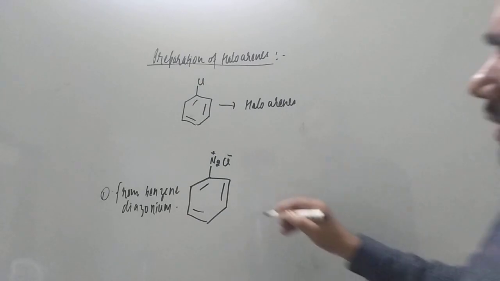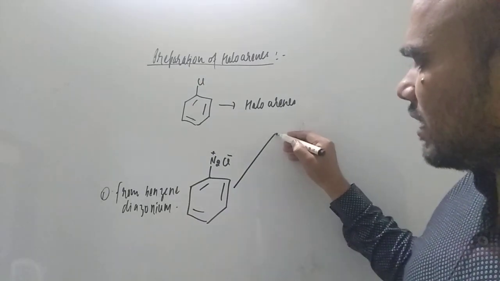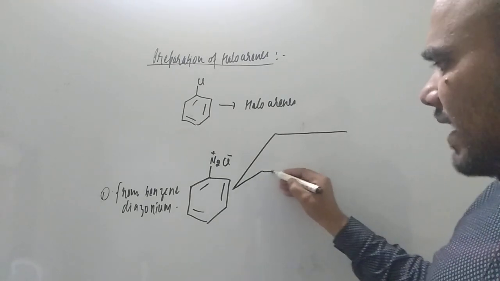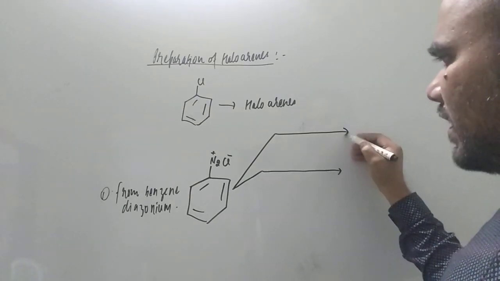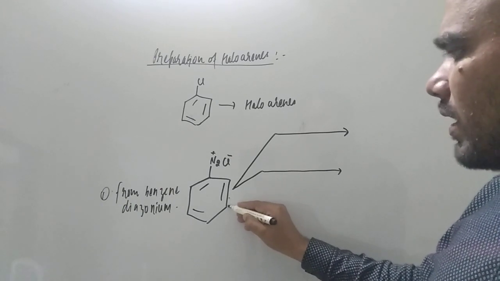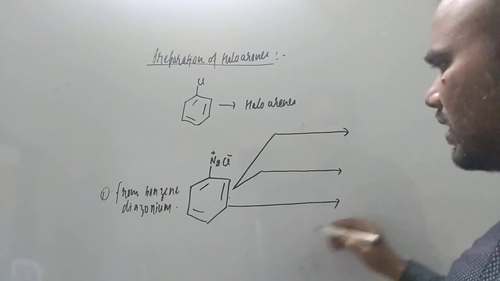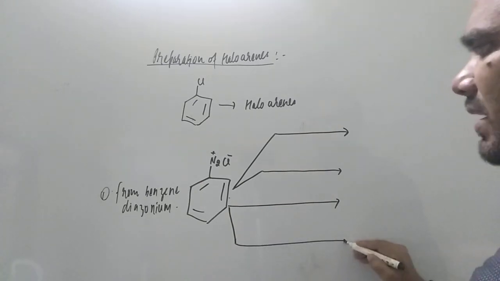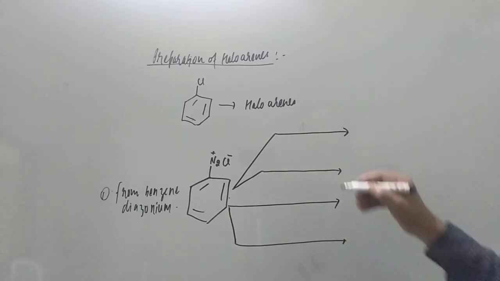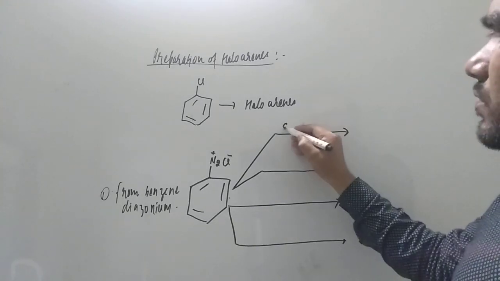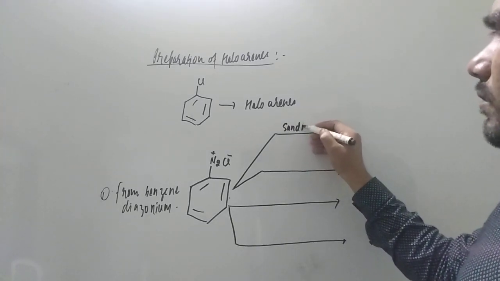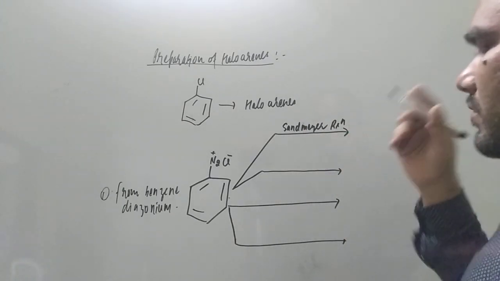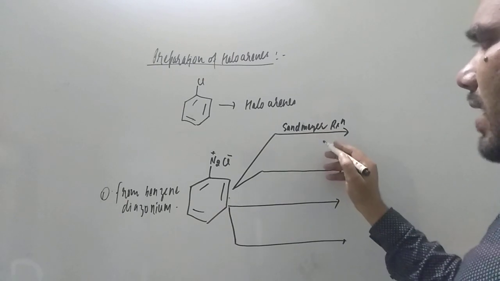Now student, there are n number of reactions possible with this compound, and benzene diazonium chloride is a very important reagent for the preparation of chemical compounds. So I am making four reactions from it. First reaction, the Sandmeyer reaction.